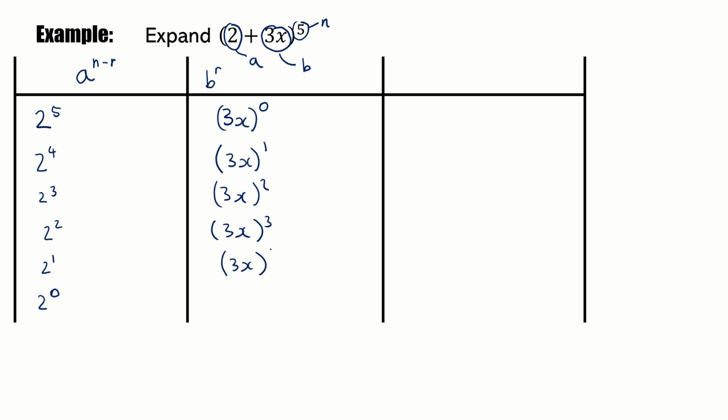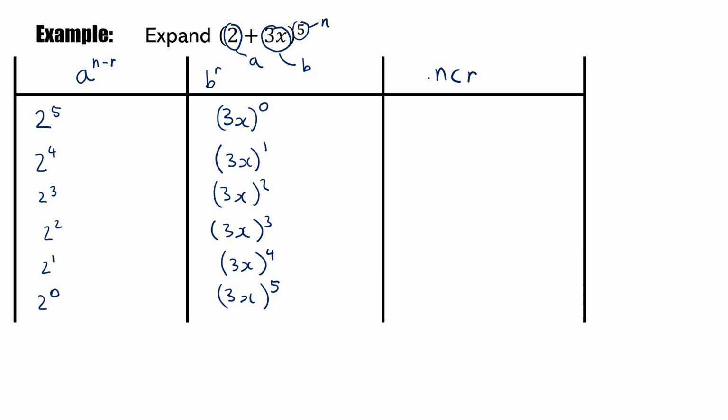And by the way, something else you can use to help check as you go along is that the powers of both the a and the b term must always add up to the power of the brackets, the value of n. So you'll notice for each row, the power of a and the power of b in this table adds up to 5, as for my example, the brackets were being taken to the power of 5. So we're 2/3 of the way there. There's just one more part of the expansion we need to consider, which is the NCR part.